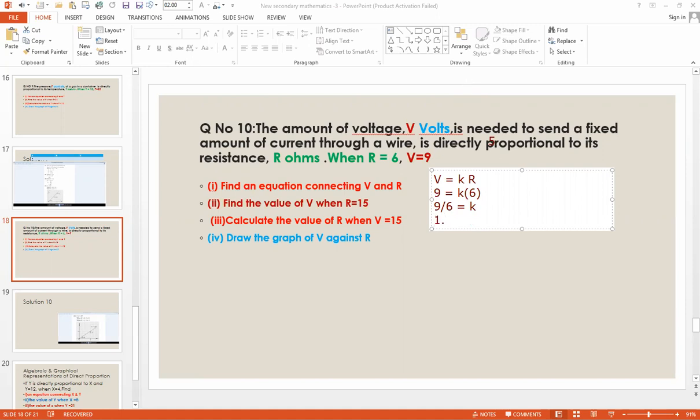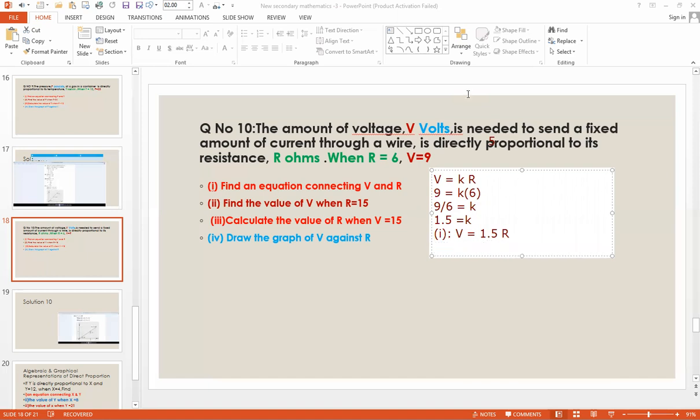So that change is 1.5 times the change in the variable V. Okay, that is the value of K. Now we come to the first part. According to this question, the first part is that we have to connect these two variables, V and R, with the value of K, that is 1.5. Okay, so this one is the first part.